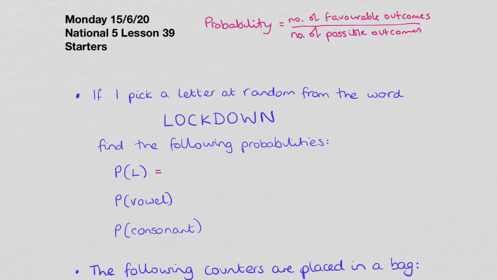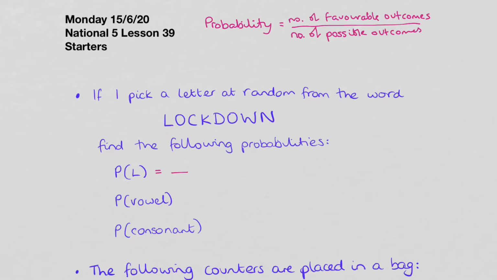So number of possible outcomes, that's a number of different things that can happen when you pick a letter at random from the word lockdown, and the number of favourable outcomes is how many of them are, in this example, an L. Okay, I always think it's easier to do the denominator of the fraction first.